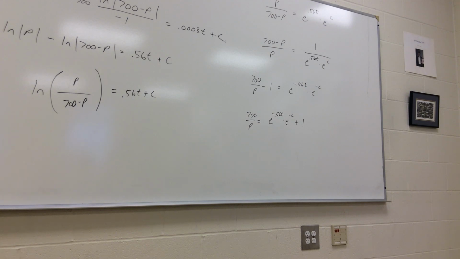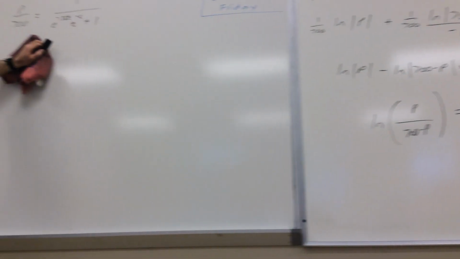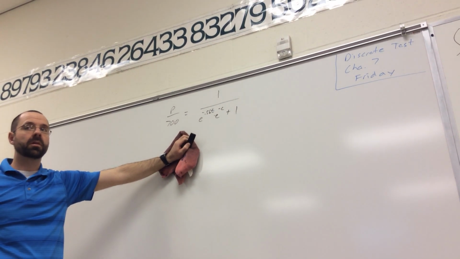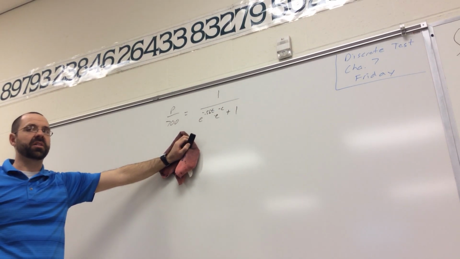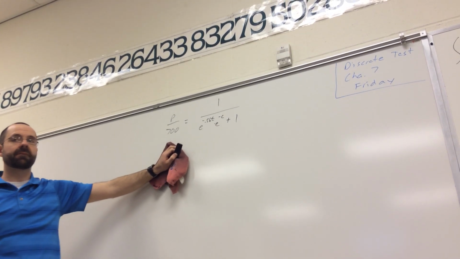So that's P over 700 equals 1 over e to the negative 0.56 t times e to the negative c plus 1. I can't change those negative exponents to positive because the plus 1 messes that up, if that's what you're thinking, Rebecca. Yeah.